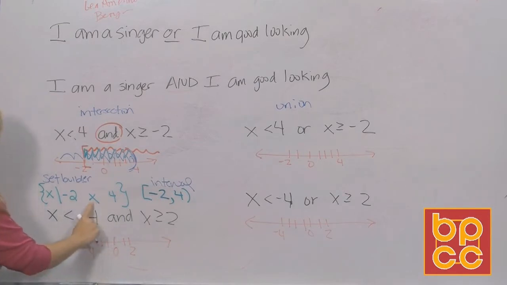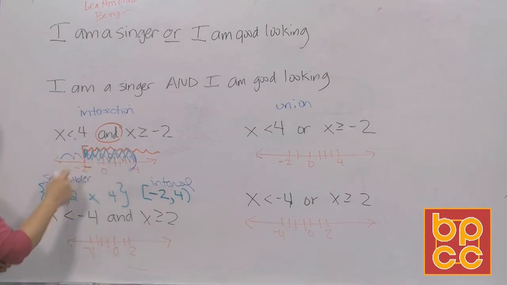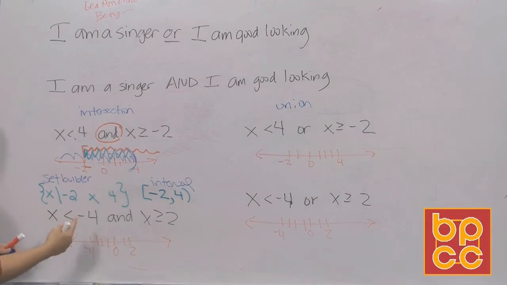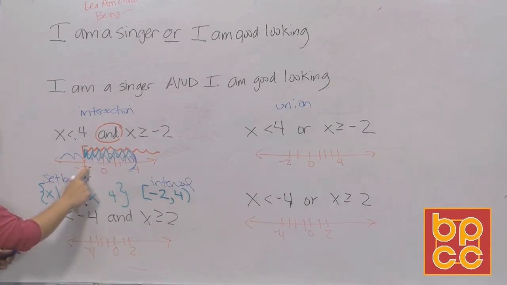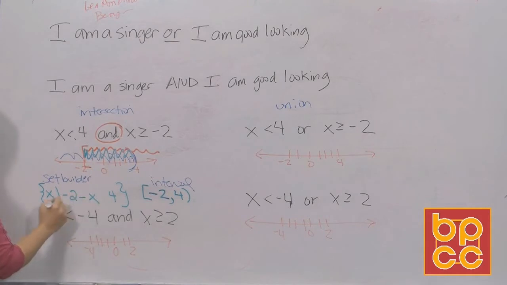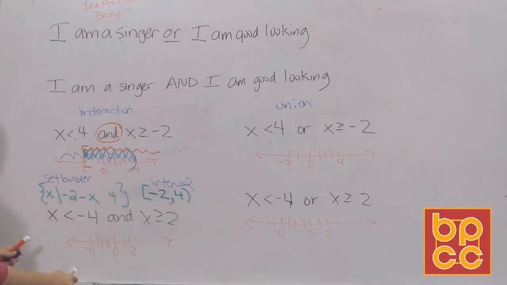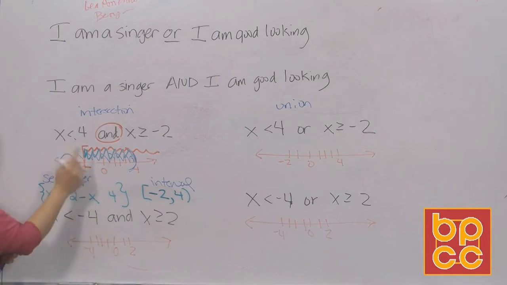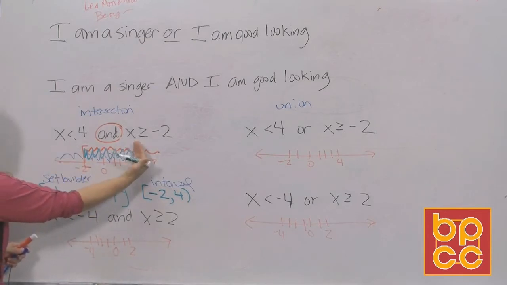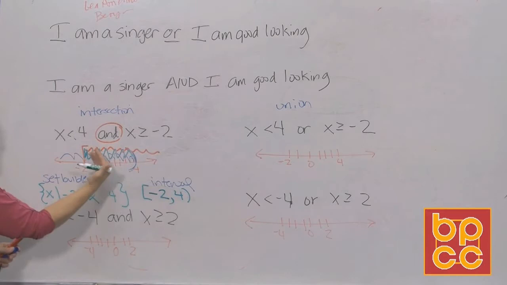So X is sandwiched in between these numbers. Now, you got to put symbols. There's a bracket on -2, which means there's an equals. There is a parentheses on 4, which means you don't put an equals. Now, if you look here, we got to put the inequality symbols. Well, this is obvious. We shaded less than 4.